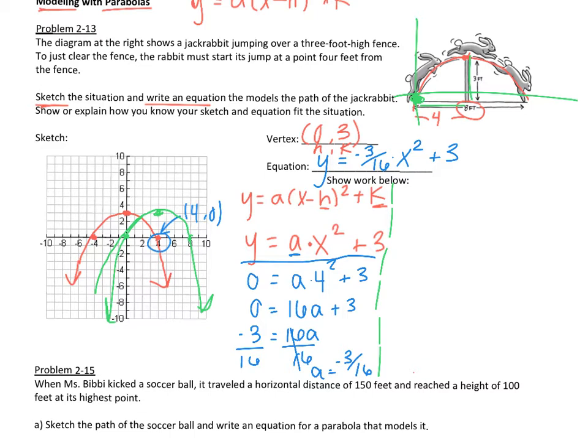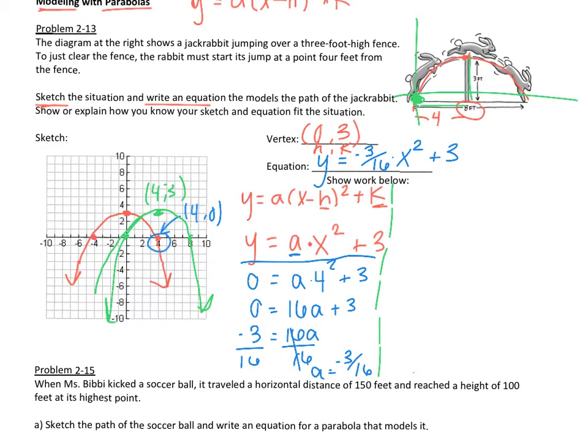Okay, so in the process of doing that, we've changed the vertex. So it's no longer 0, 3, it's actually 4, 3. So when I go to write my equation, instead of this one right here where I plugged in 0, 3, now I'm going to plug in 4, 3.